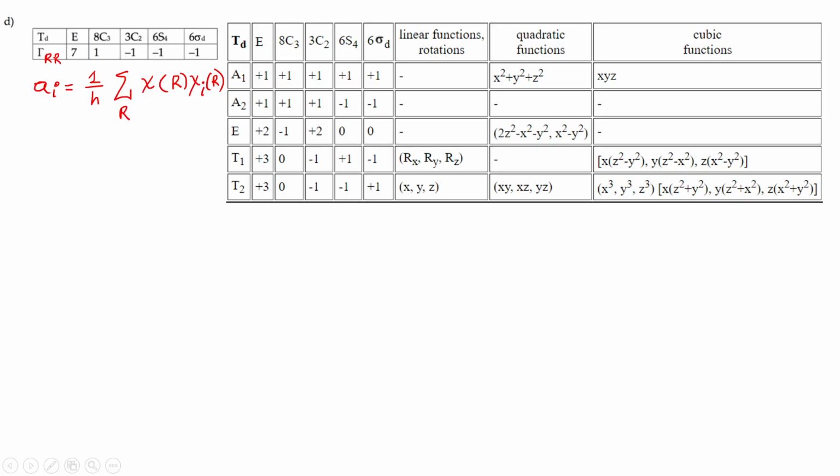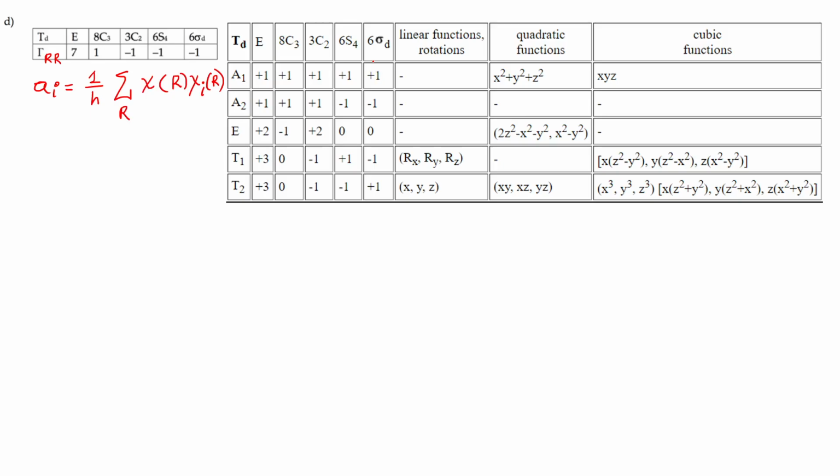Now let us start. It tells me E is 7, for C3 it is 1, and so on. For tetrahedral, let us discuss what symmetry operations are possible: identity, 8 C3, 3 C2, 6 S4, and 6 sigma d dihedral planes.